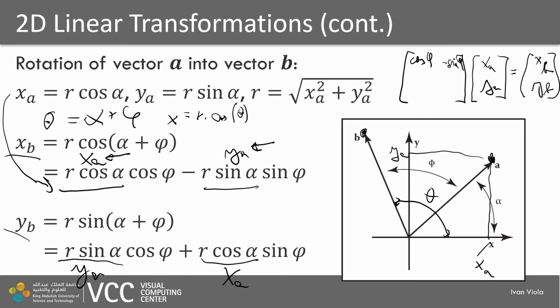Can you see that? And for the y, what should be the coefficients? Associated with the xa will be the sine phi. And associated with the ya will be the cosine phi.